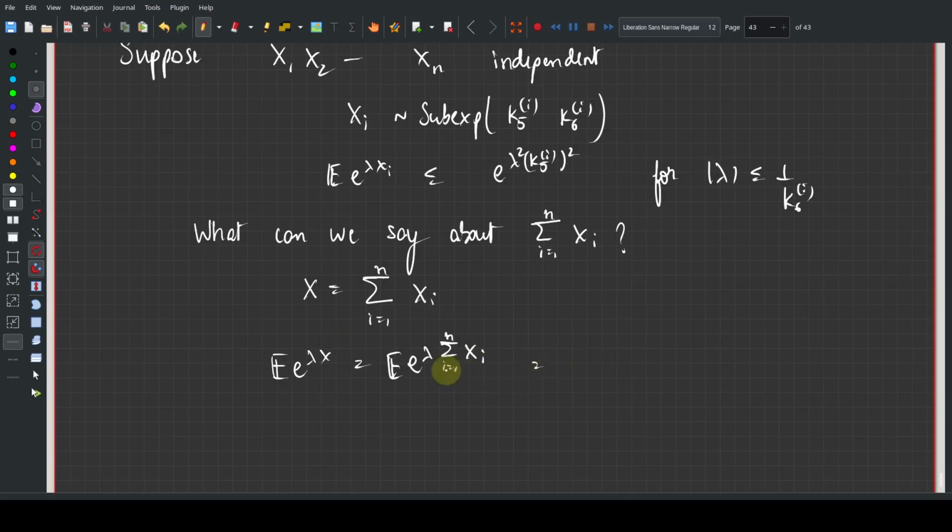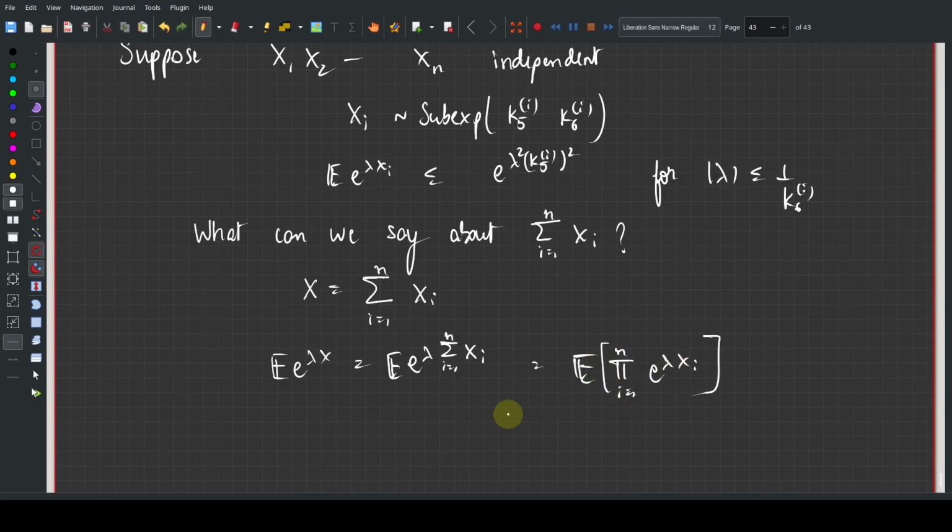But I'm telling you that all the xi's are independent. So e raised to lambda times summation xi is the product over i equal to 1 to n of e raised to lambda xi, right?